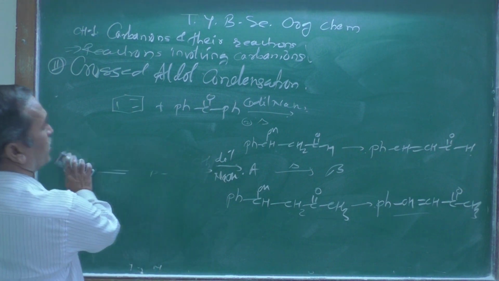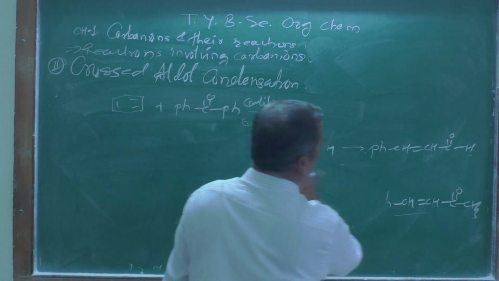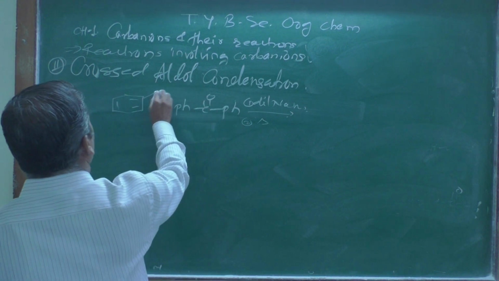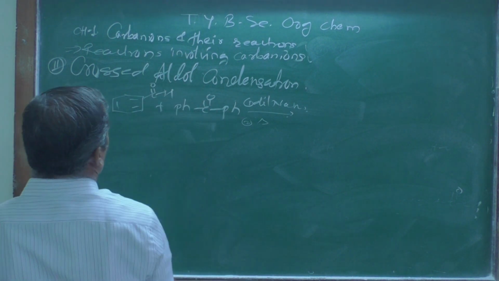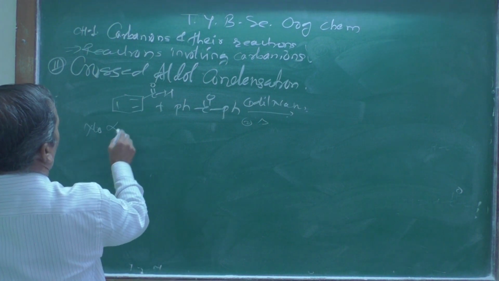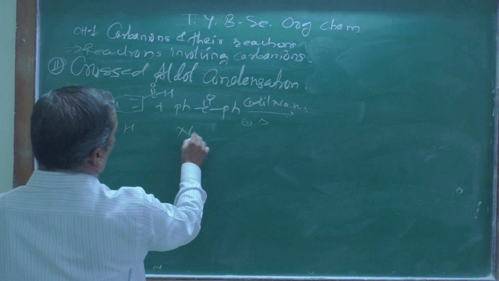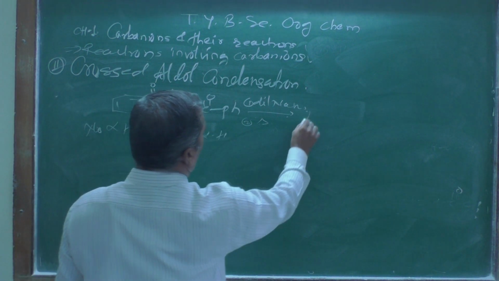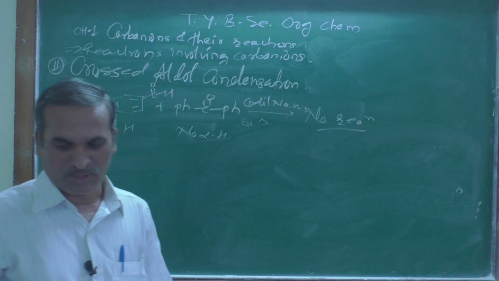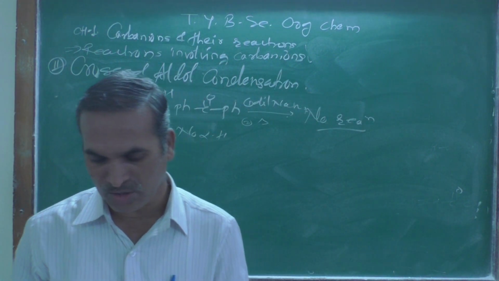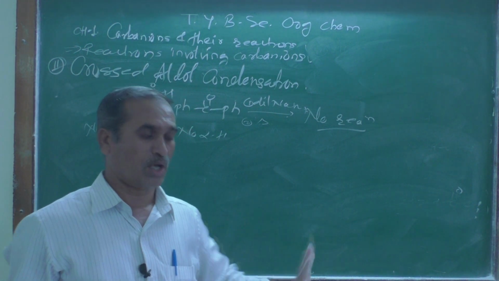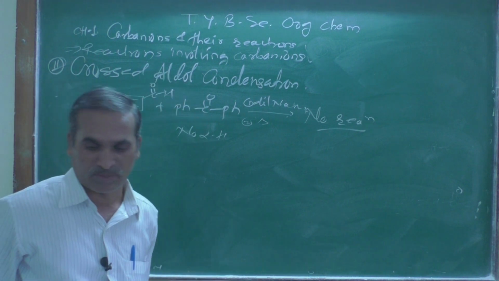No, there will be no reaction, because in this case there is no aldol condensation reaction. Sorry, here is C double bond O H, benzaldehyde, there is no alpha hydrogen atom, here also there is no alpha hydrogen atom, therefore no reaction, remember. So this type of benzophenone and benzaldehyde do not undergo the aldol condensation. Some other reaction may occur, but aldol condensation reaction is not possible in this case.